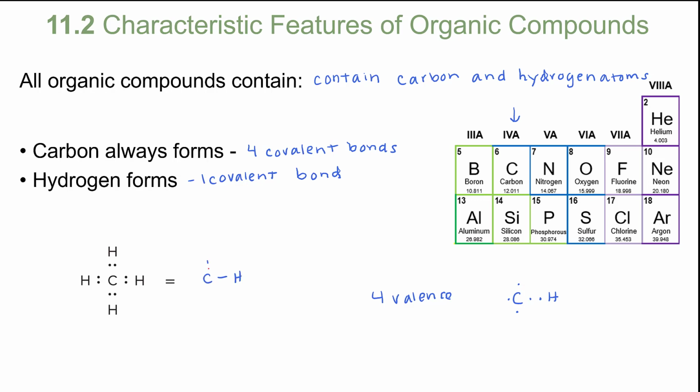And each of these lines represents the 2 electrons. And this again is the structure of methane gas. That line illustrates 1 bond which contains 2 electrons.